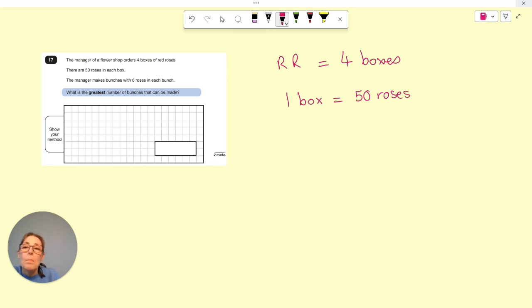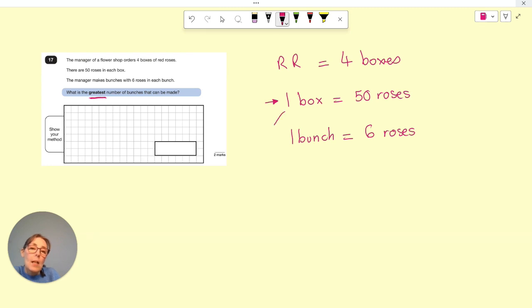The manager makes bunches with 6 roses in each bunch. What is the greatest number of bunches that can be made? All right, so 4 boxes of red roses. Now it says that one box has 50 roses.